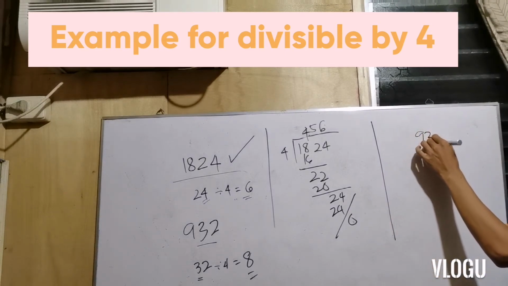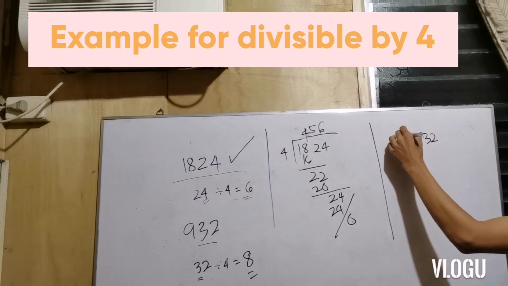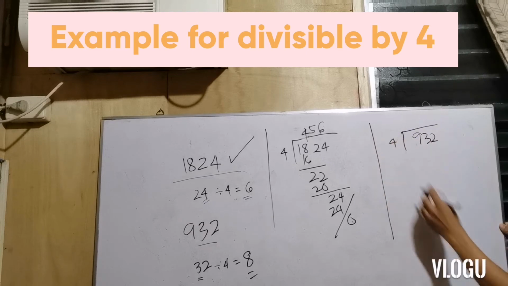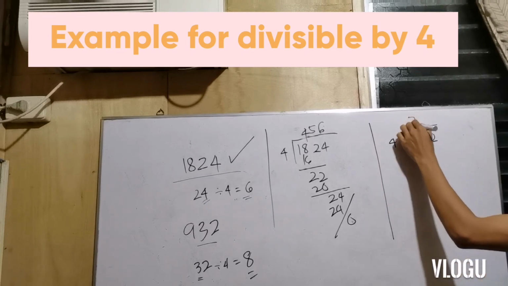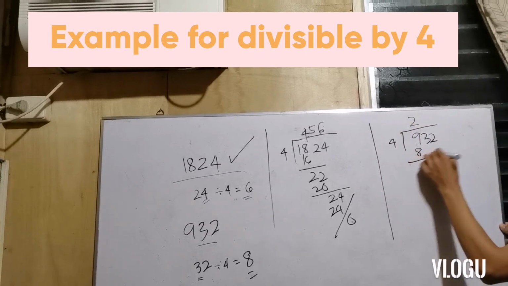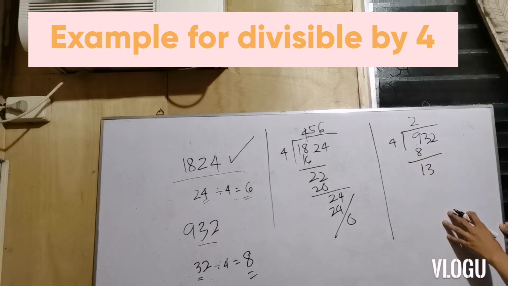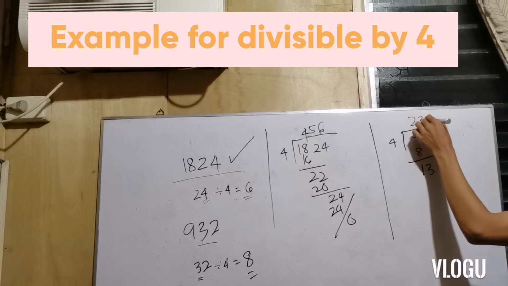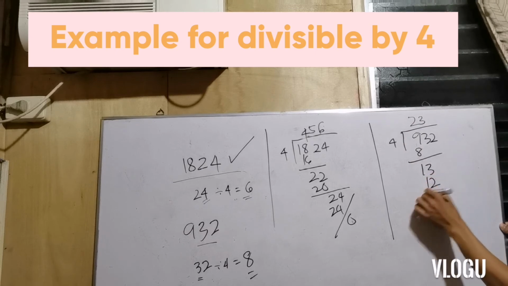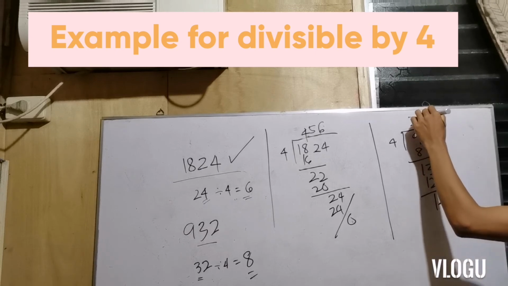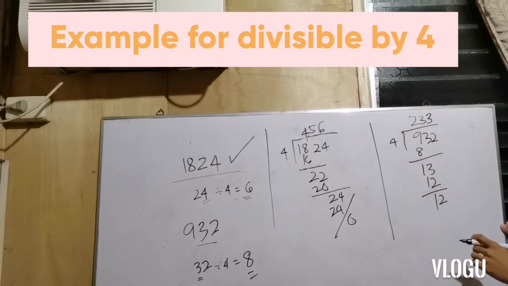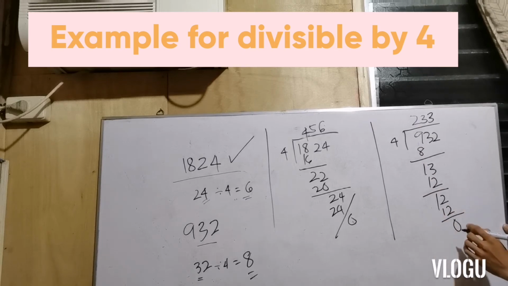932. Okay, 932 divided by 4. 9, I have 2. So, I have 8. I have 13. Okay, so 13 by 3, I have 12. And I have 12. I have 3 again. Okay, so you have 12 and you have 0 right here.